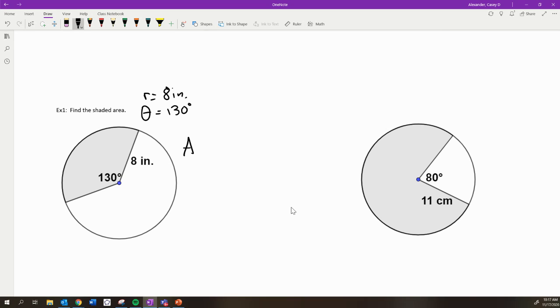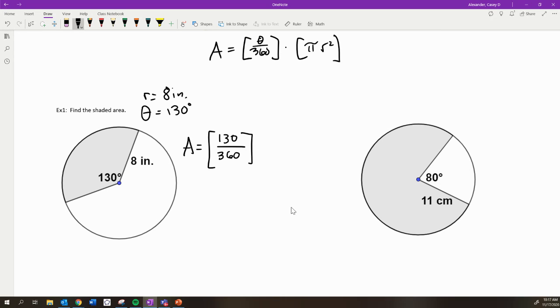So if you just use that area formula that I just wrote down and then covered up, which is theta over 360 times pi r squared, we just plug in the numbers that we know. We know that theta is 130 degrees, and that's out of 360 degrees. And then we also know that the radius is 8, so I do pi times 8 squared.